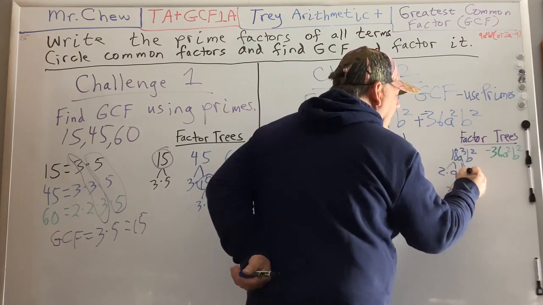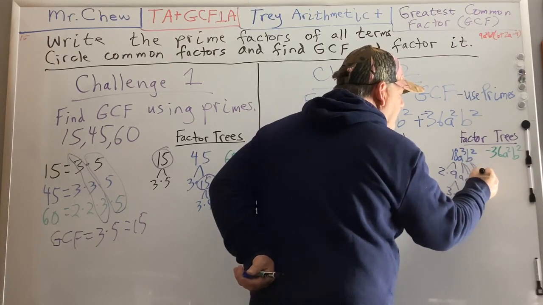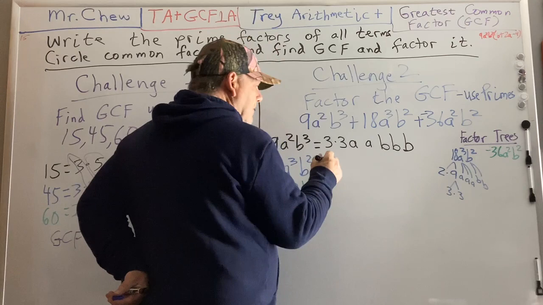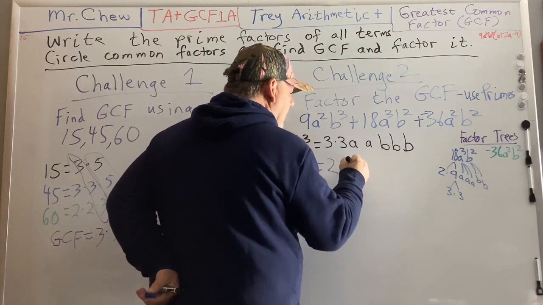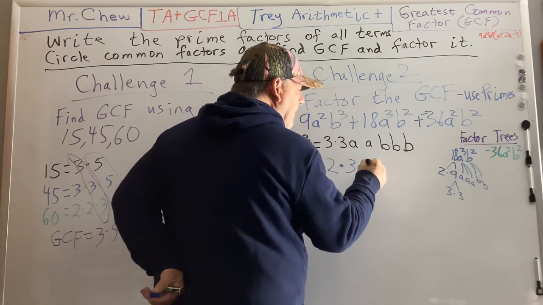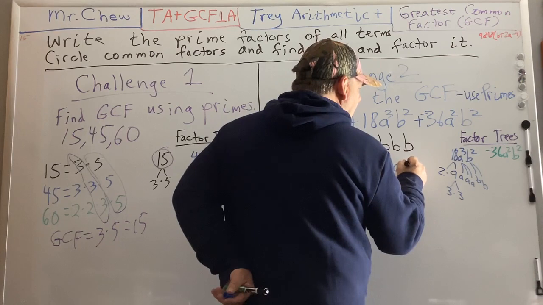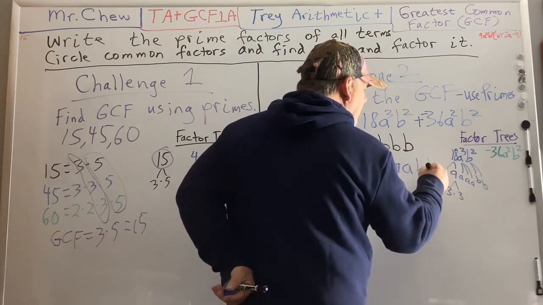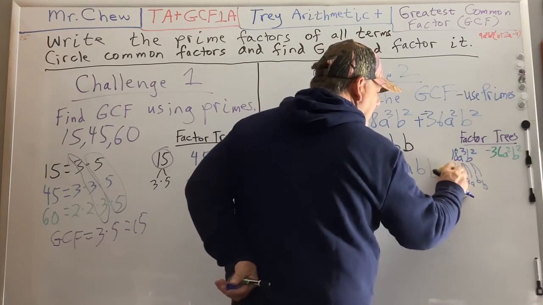My a cubed has 3 a's as factors. My b squared has 2 b's as factors. So that's 2 times 3 times 3 and then A, B, B. Now, since I have my factor tree, I'm just going to erase it and get it out of there.